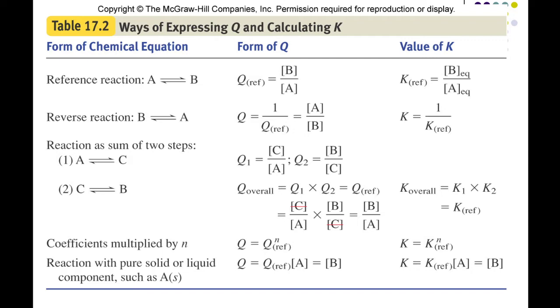So you have your first equation left to right, products over reactants raised to their coefficients. If I want to know the reverse, it's the reciprocal. If I'm going to use two reactions to get a new one, then I have to multiply them together. If I change the coefficients by some value, I raise the Qc or Kc to that value. This is right out of your book, table 17.2.